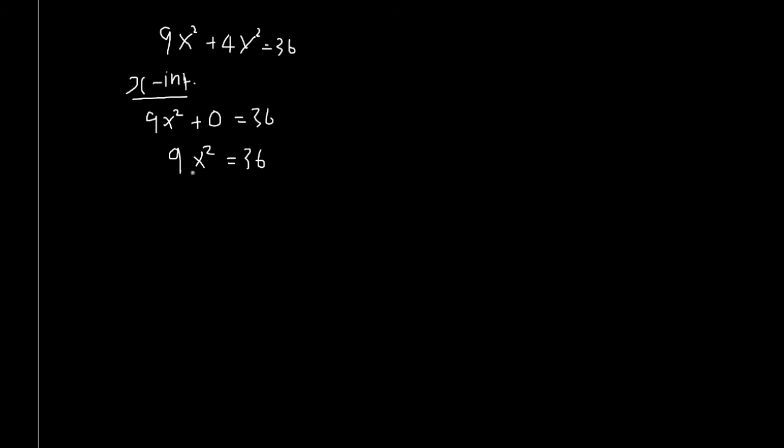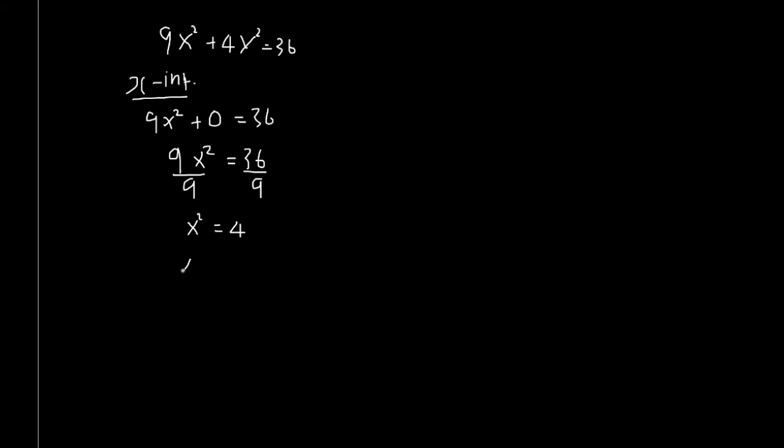Now we have a 9 next to x, so the coefficient of x to power 2 is 9. But we are looking for x values. So what should we do now? Yes, we need to get rid of the 9 on this side first. So I will divide by 9, and you have to divide the other side also by 9. So then x to power 2 equal 4.